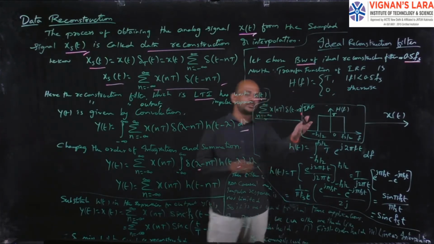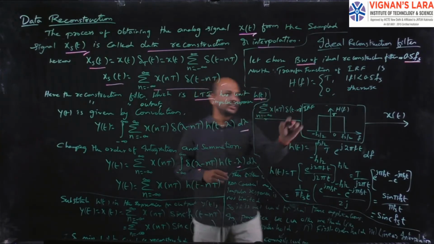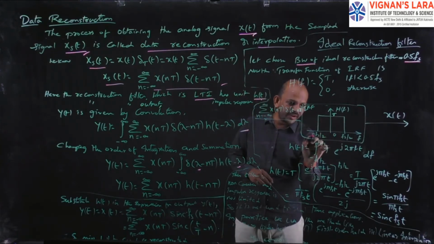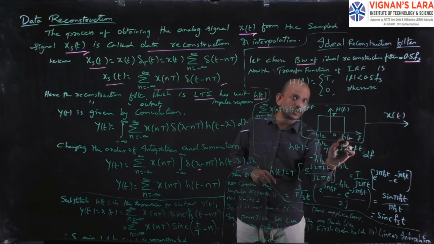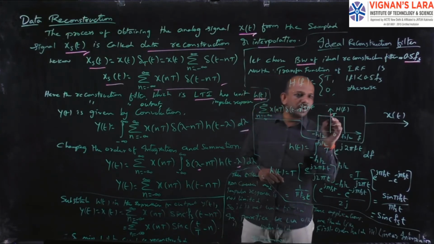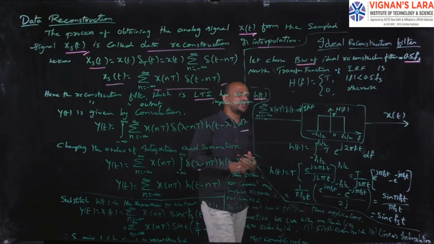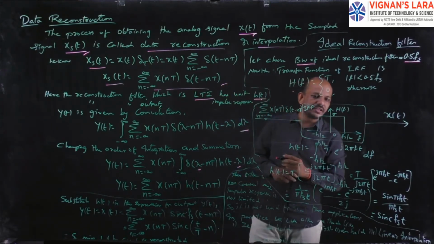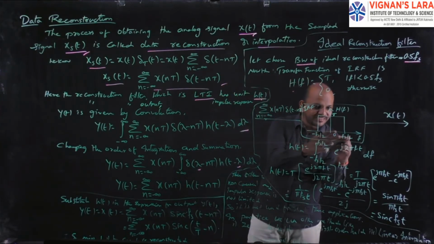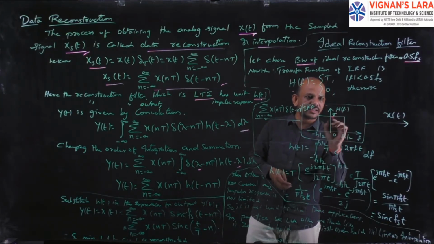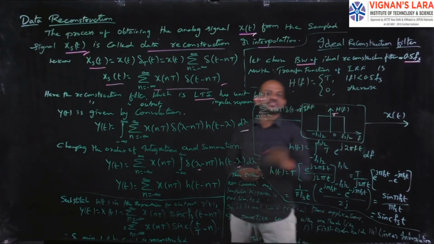See the diagram, you will get a clear idea about this. This is an ideal reconstruction filter whose transfer function is like this. From minus fs by 2 to plus fs by 2, the value of h of f is equal to capital T, and in all other frequencies the value is 0.